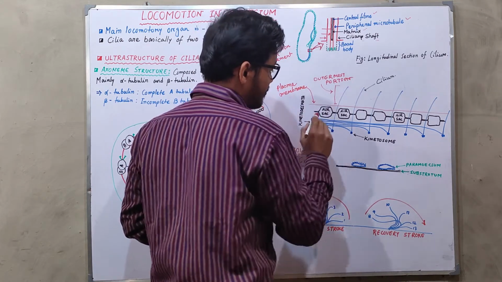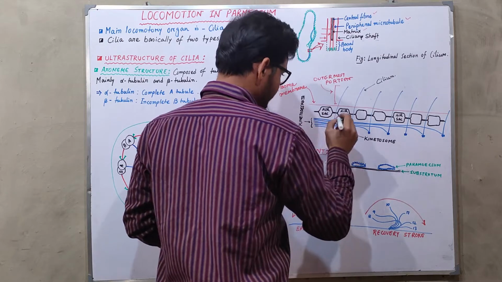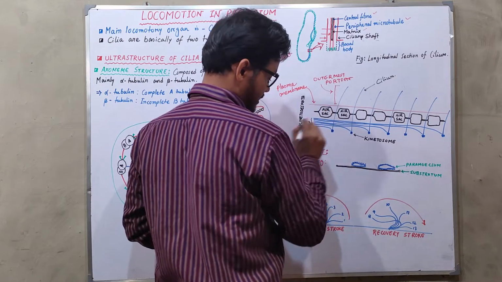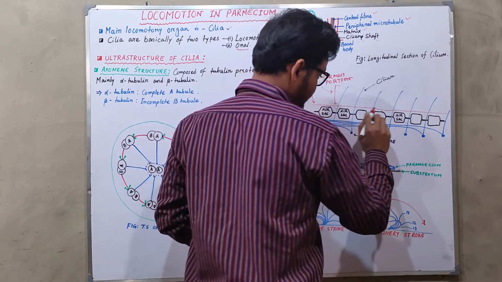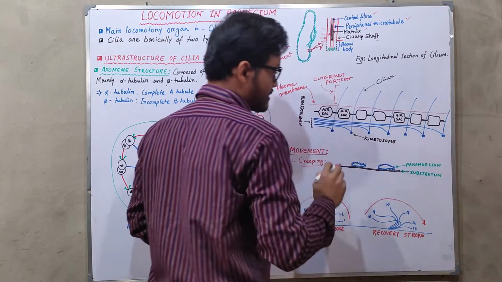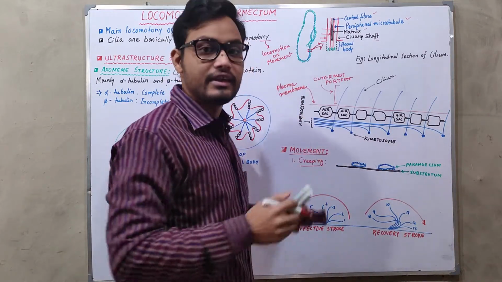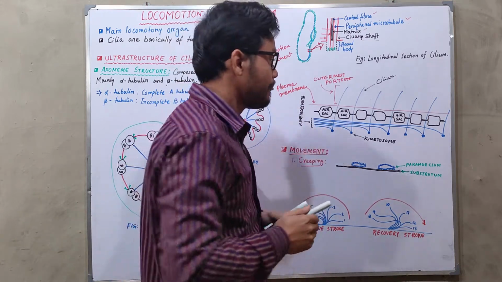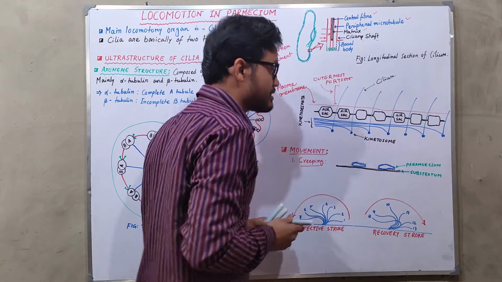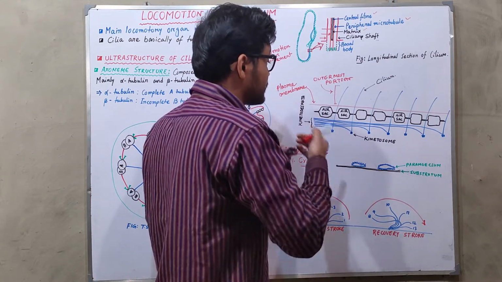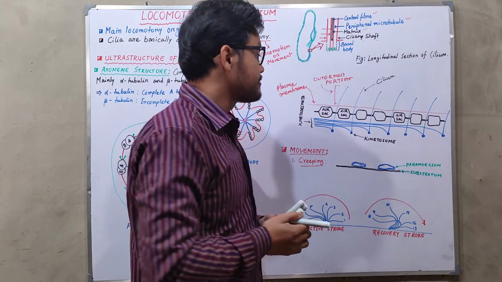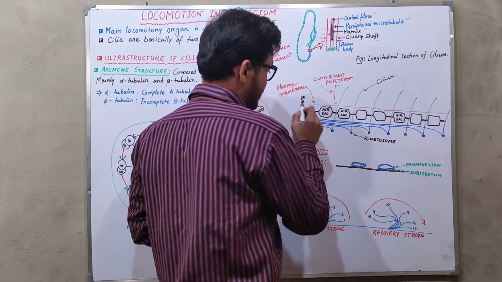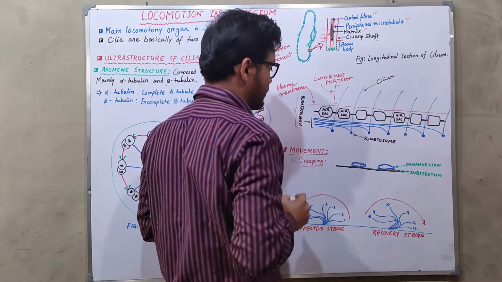Just beneath the plasma membrane there is a presence of air sacs. Air sacs are present in between cilia, and cilia are continuously lined with air sacs, which help cilia hold their structure perpendicular to the surface or plasma membrane. Beneath the air sac there is a network fiber known as kinetodesmata.